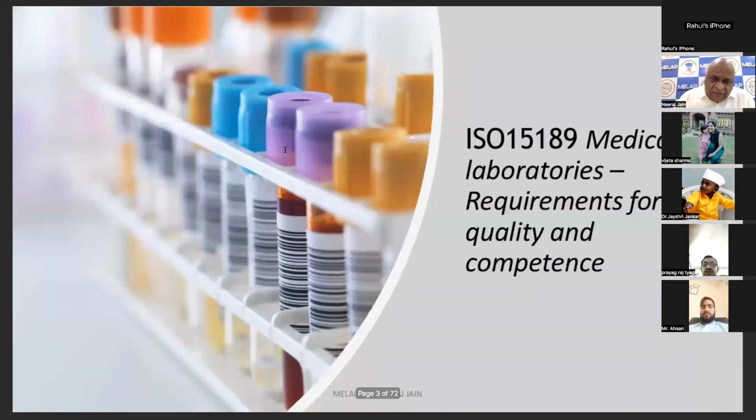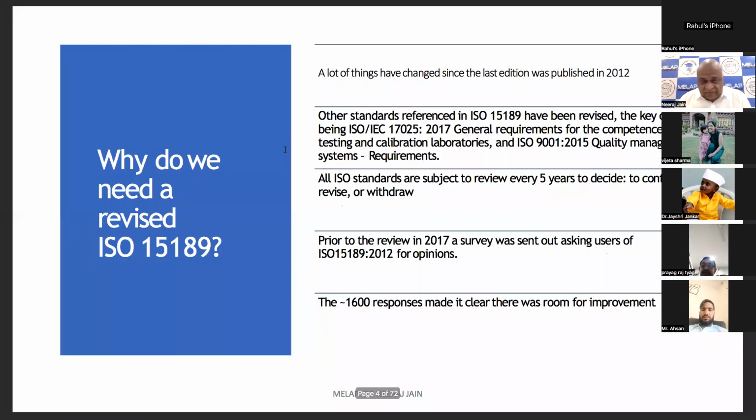See, why these changes were required, we have to understand. The third edition was released in 2012. And since then, in the last 10 years, we observed some significant changes. ISO 15189 is based on ISO 9001 and ISO 17025.